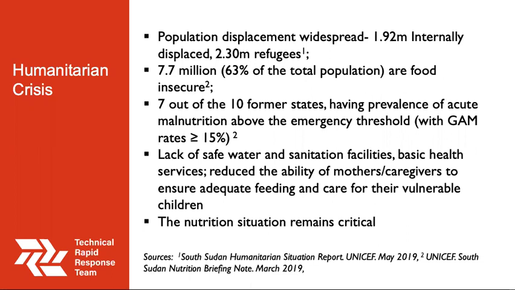Also, health structures were destroyed because of war, and people could not access health services, especially infants and children. Children cannot get adequate care for their feeding, and there are inappropriate or poor feeding practices among vulnerable children who are from 0 up to 23 months.